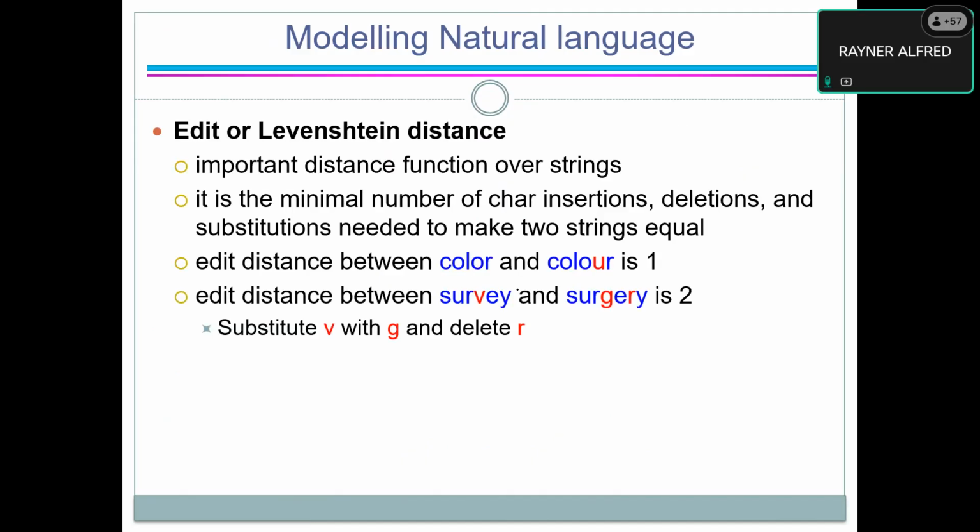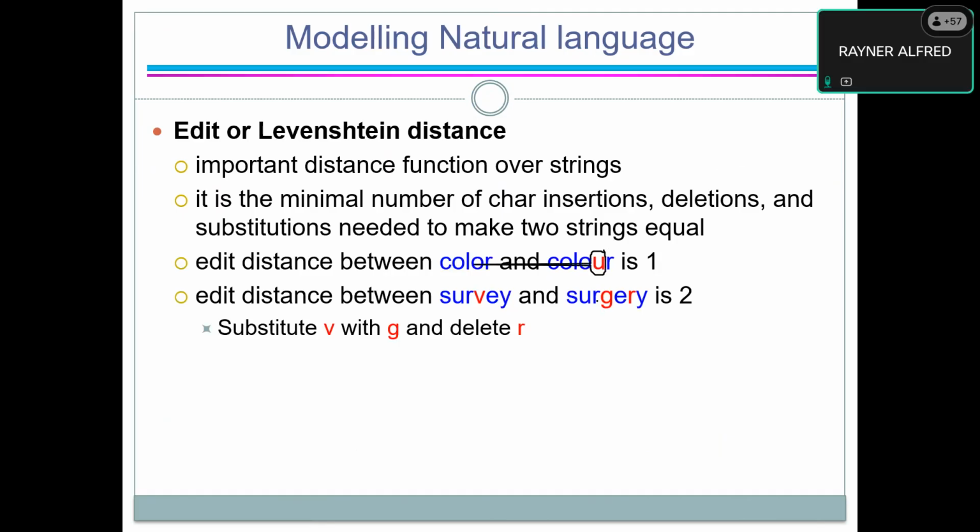We also have the edit or Levenshtein distance. This refers to how many changes we need to make in order to match them. For example, with "color" and "colour", we have one operation, which is to replace.